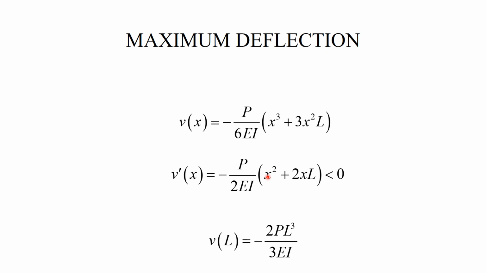One, of course, is x equal to 0, where v is equal to 0 because of the boundary condition, and the second point is x equal to L. So I substitute L into this equation, and that's the answer I get. So this is the most negative displacement, or this is the most upward displacement.